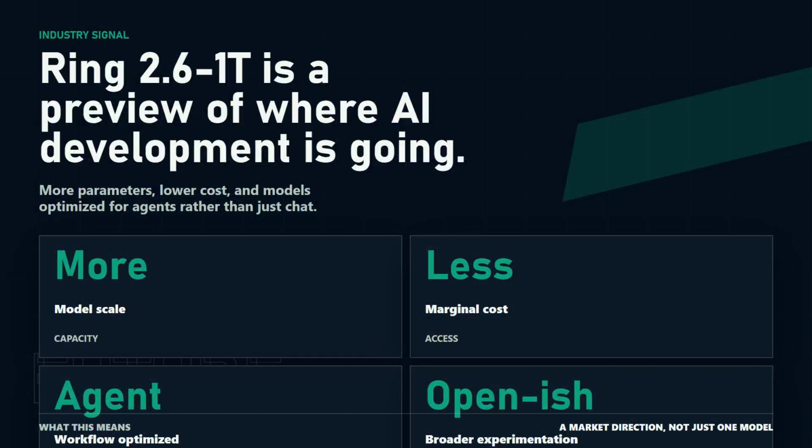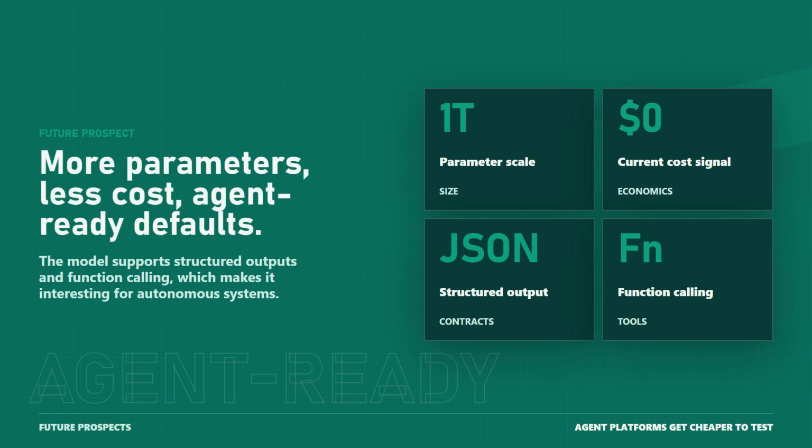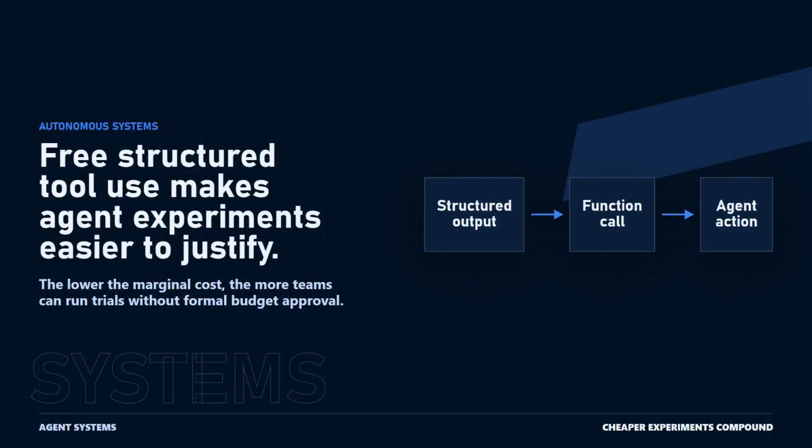Ring 2.6 isn't just another model, it's a preview of where AI development is going. Ring 2.6 1T is a sign of where the industry is heading. More parameters, less cost, and optimized for agents rather than chat. The fact that it's free and supports structured outputs and function calling out of the box makes it ideal for building autonomous systems.